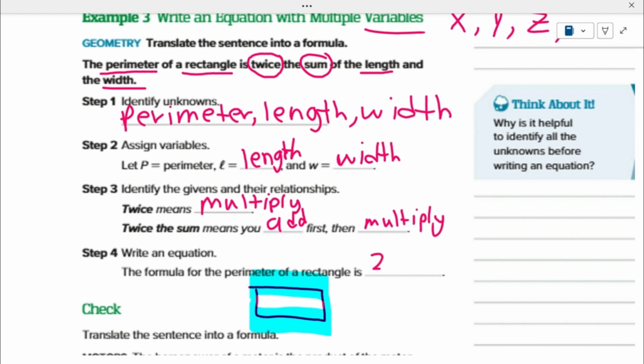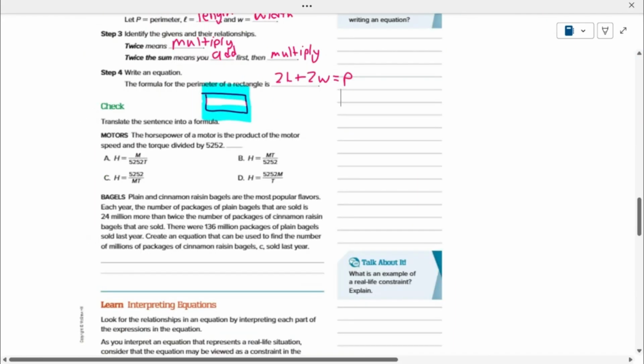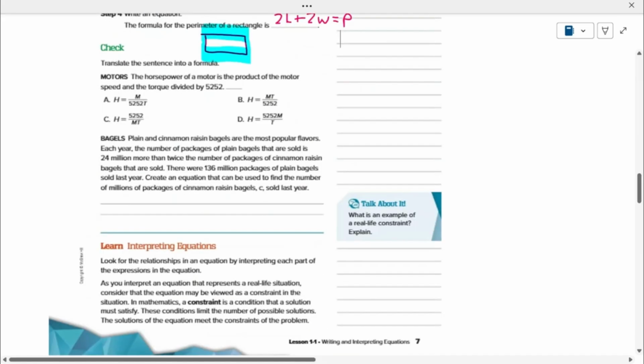So 2 times, let's say, L plus 2 times the width, W. That is how we find perimeter. So we're going to say is equal to P for perimeter. And that's it.